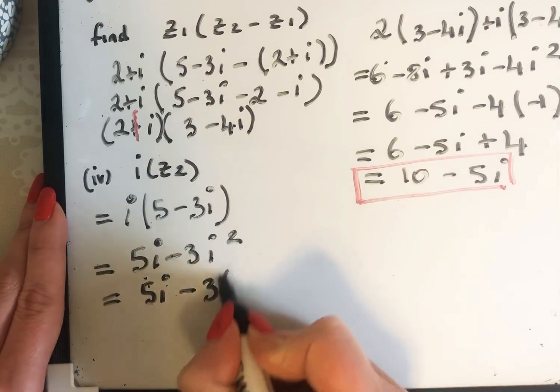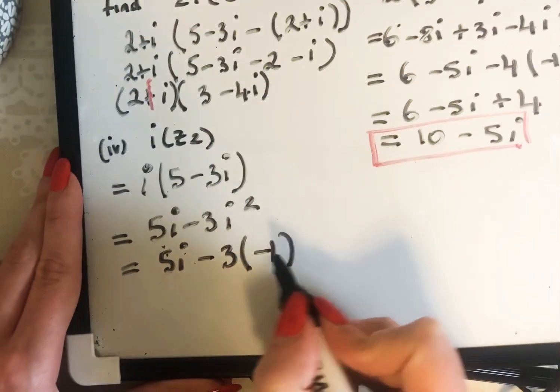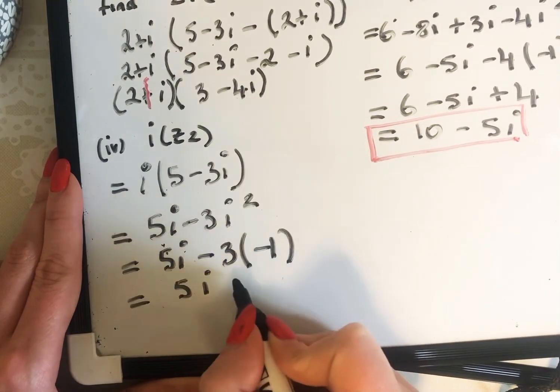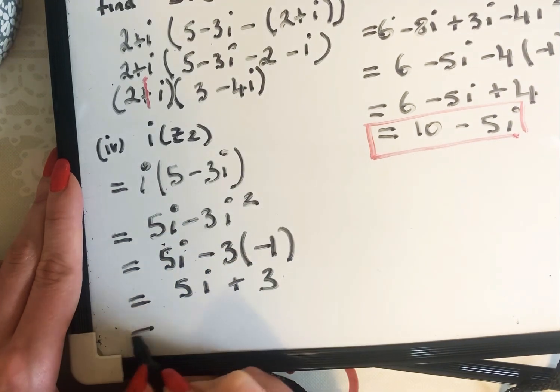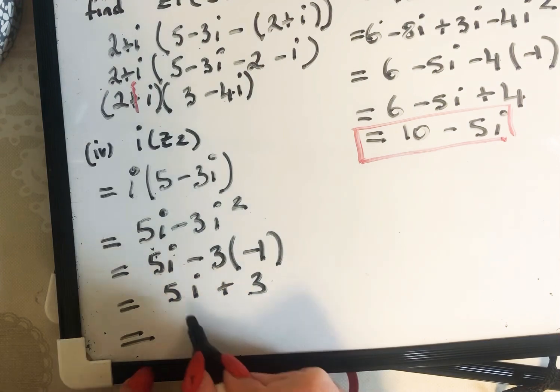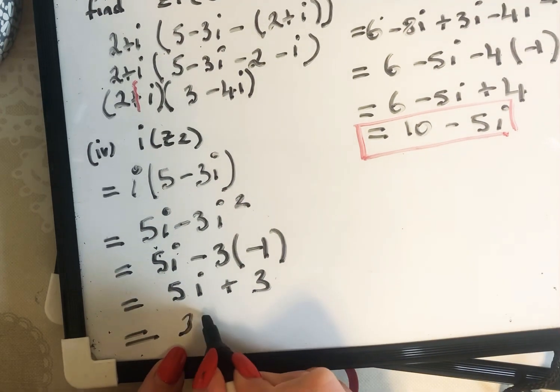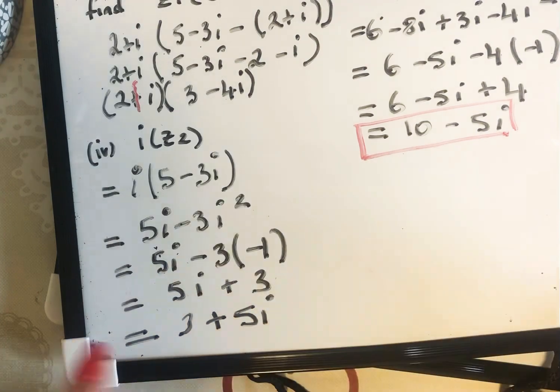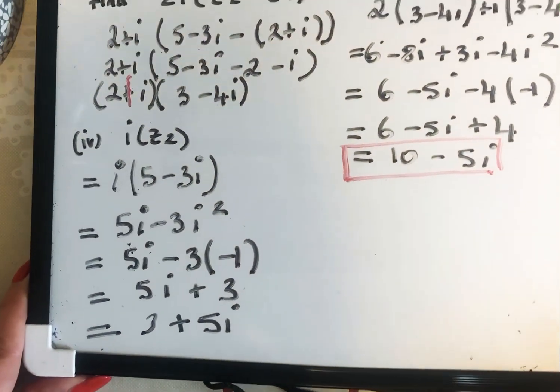So let's replace that with a minus 1. Minus by minus is a plus 3, but we know complex numbers are of the form the real first and then the imaginary, so let's put the 3 in the front. We're done. So our answer to this question is 3 plus 5i.